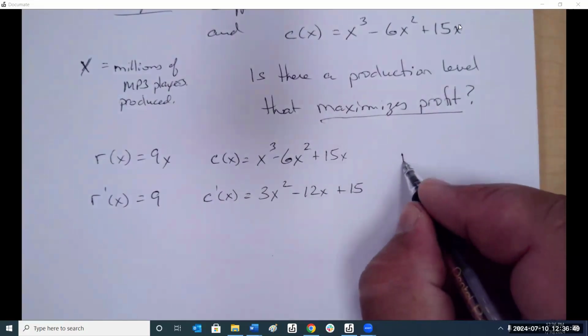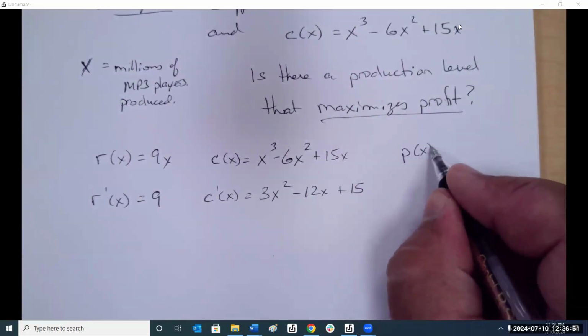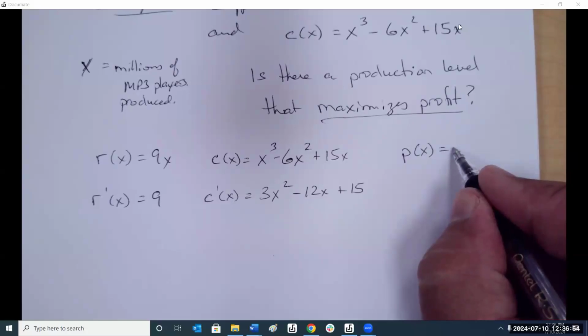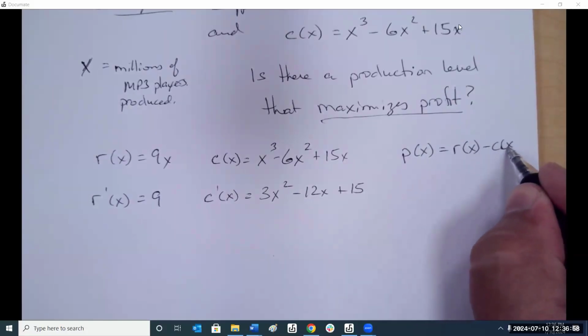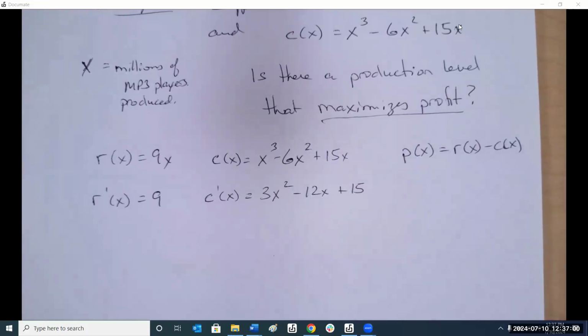And remember, profit is equal to revenue minus cost. Here's an interesting question. When do you start making money?